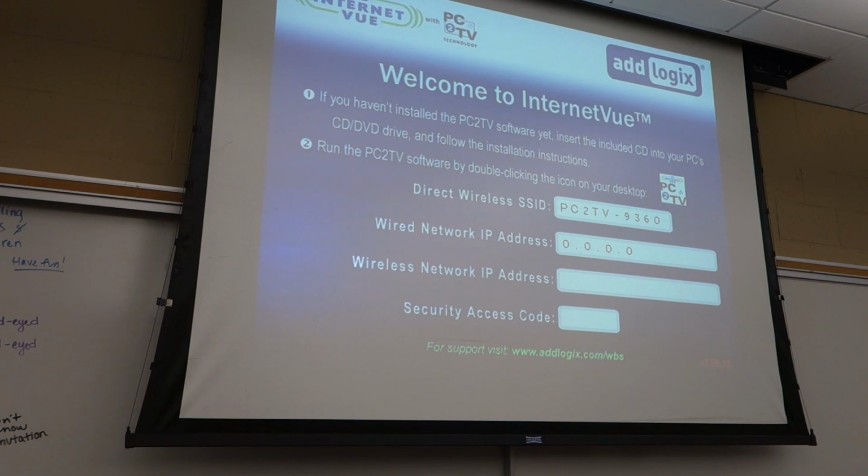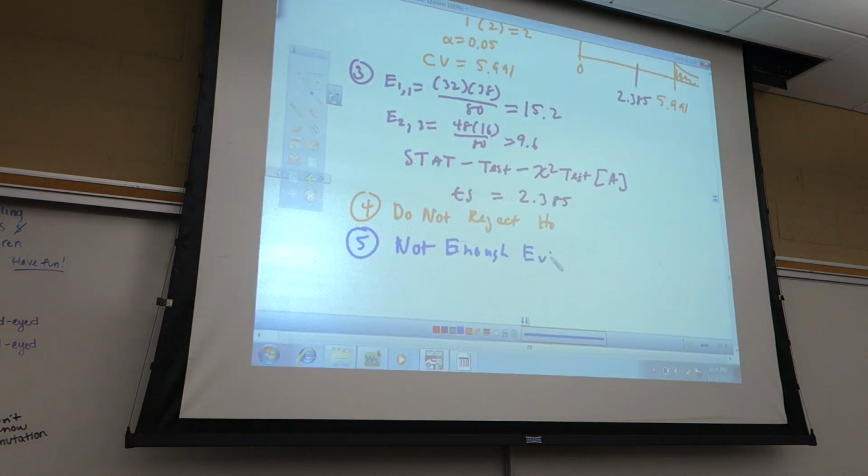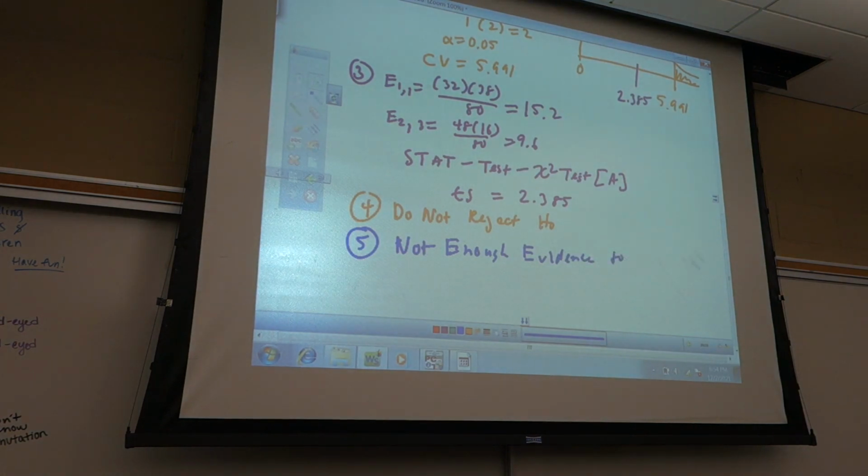So not enough evidence. It's a support claim of relationship. No. There's a difference between... Sorry, that's the difference.